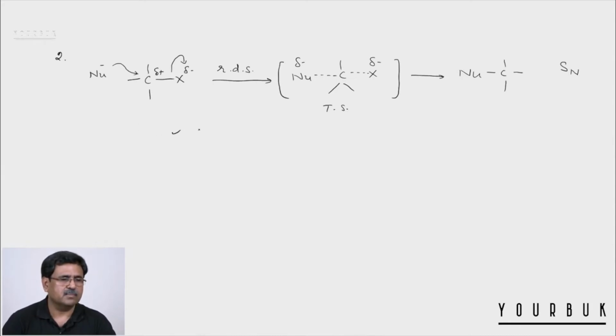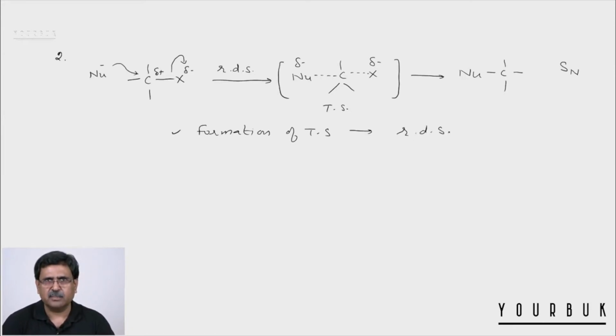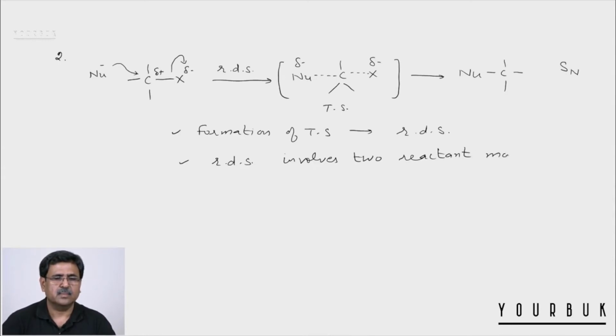So in this mechanism, the formation of the transition state is the rate determining step. It means the rate of reaction depends on the formation of this transition state, and this rate determining step involves two reactant molecules: one is haloalkane and the second is the incoming nucleophile Nu negative.